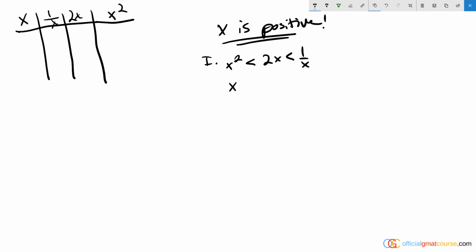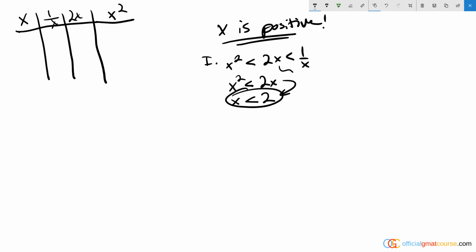Taking this piece by piece, if x squared is less than 2x, because x is positive, I can divide both sides by x and end up with one formula. Whereas if I didn't know if x was positive or negative, I'd have to be worried about possibly flip-flopping that inequality sign. So I know that x is less than 2 based on this. I don't have to worry about flipping the sign.